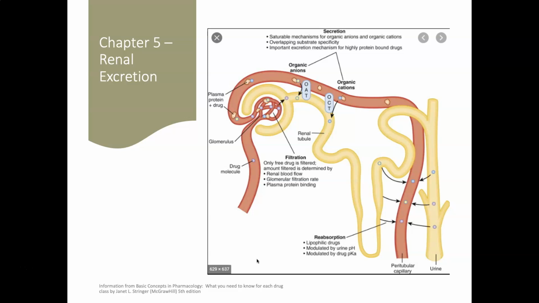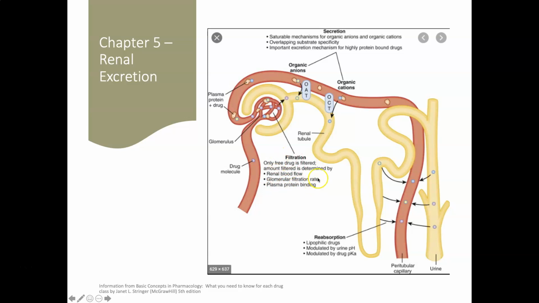Renal excretion. This is on page 25 in your book. There are 3 physiological processes in renal elimination. The first one is glomerular filtration. This takes place here in the Bowman's capsule. The free drug is filtered, and the amount that's filtered is determined by the renal blood flow, the glomerular filtration rate, and any plasma protein binding.